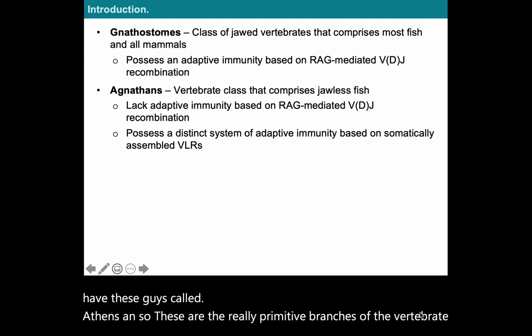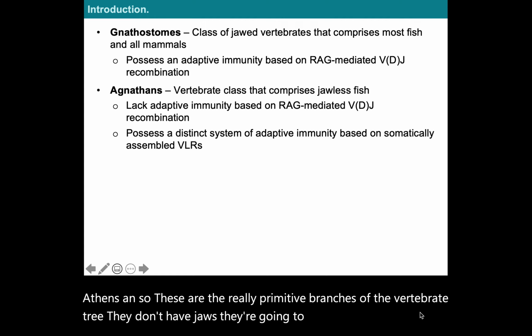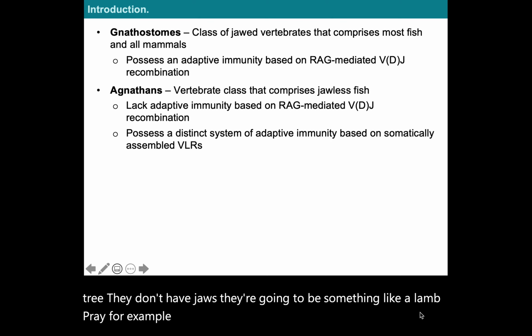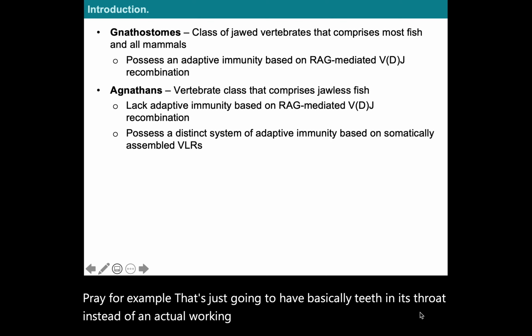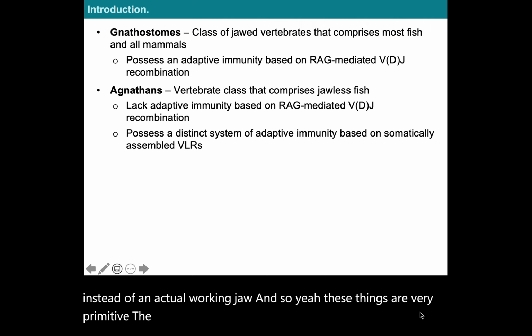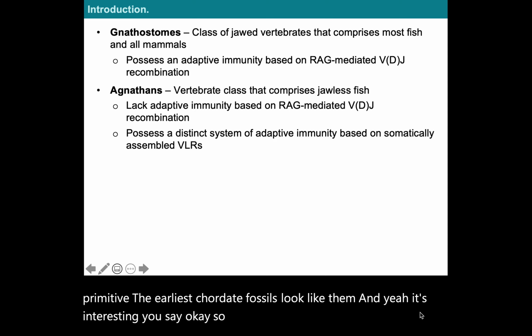They don't have jaws. They're going to be something like a lamprey, for example, that has basically teeth in its throat instead of an actual working jaw. So yeah, these things are very primitive. The earliest chordate fossils look like them. And it's interesting, you'd say, okay, so what's their immune system look like?